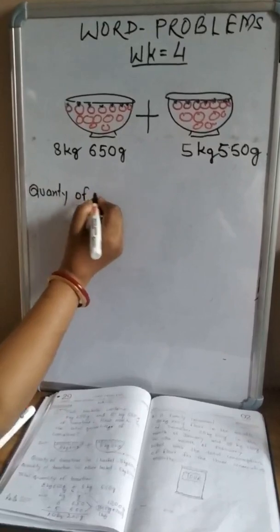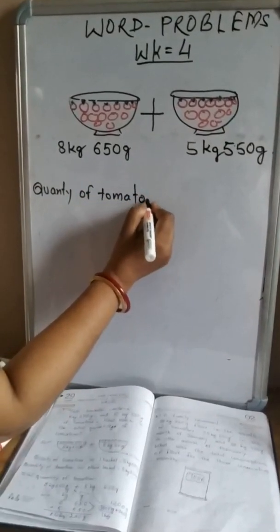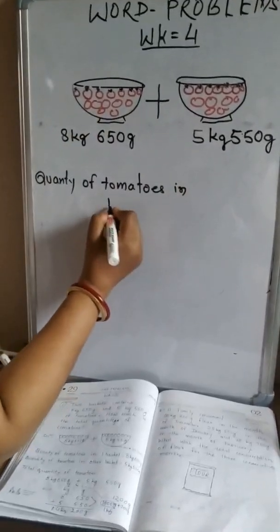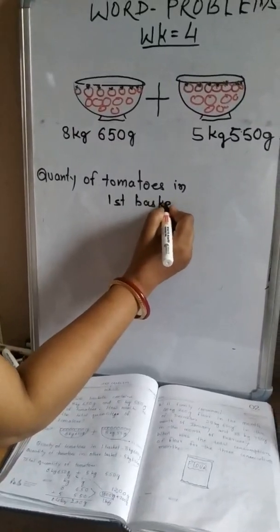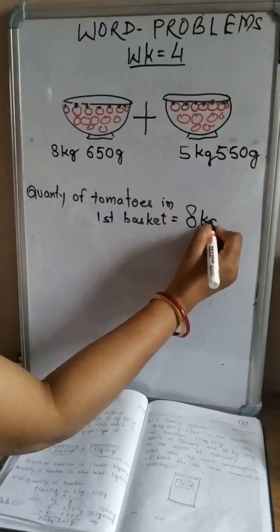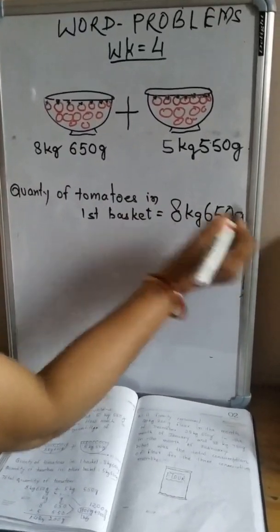So what is the quantity of tomatoes in the first basket? That is equal to 8 kilogram 650 gram.